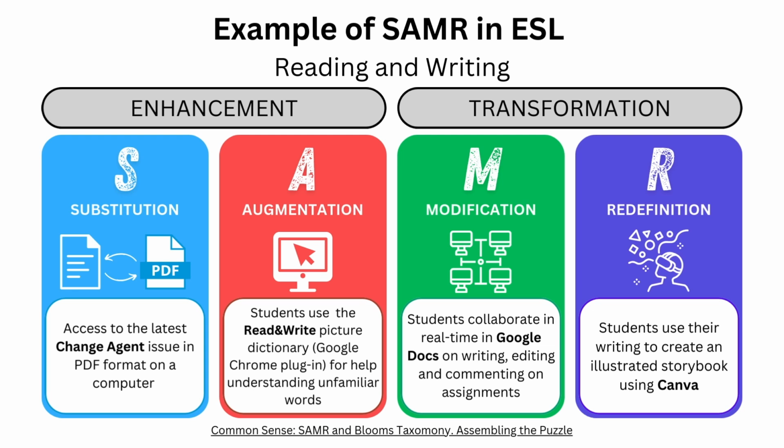For augmentation, students use Read and Write Picture Dictionary, which is a Google Chrome plugin, for help understanding unfamiliar words. Students collaborate in real time in Google Docs on writing or editing and commenting on assignments in an example of modification. And lastly, an example of redefinition might be students using their writing to create an illustrated storybook using Canva.